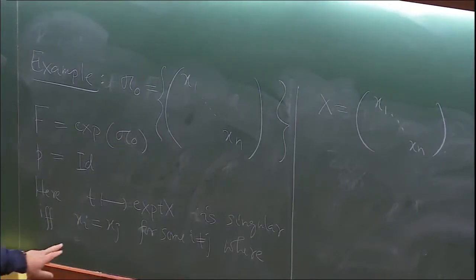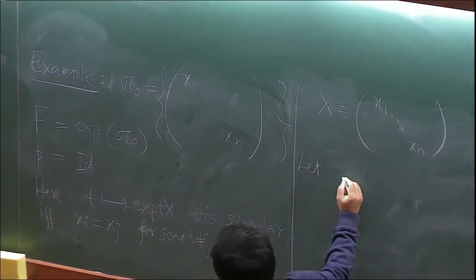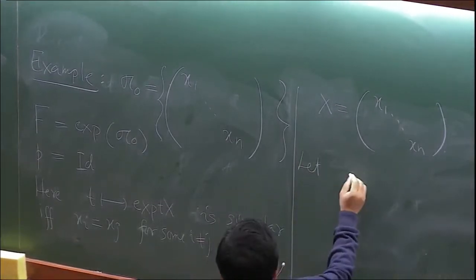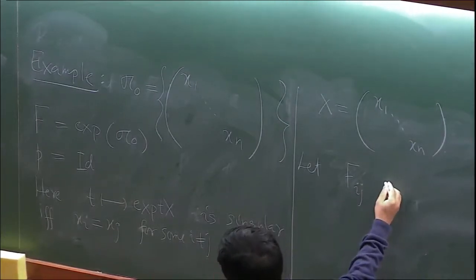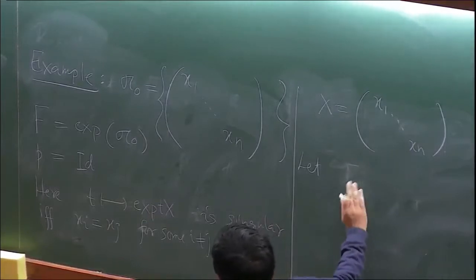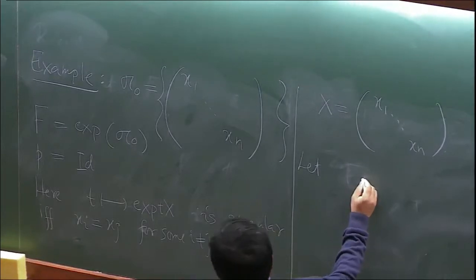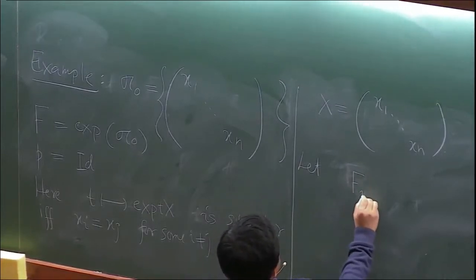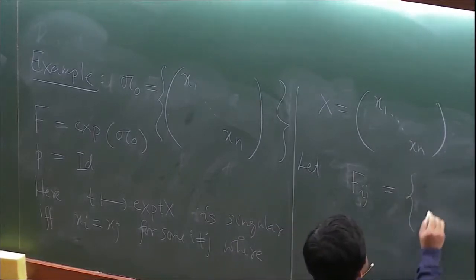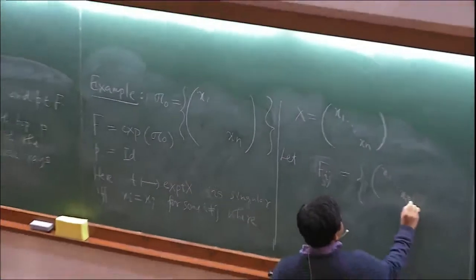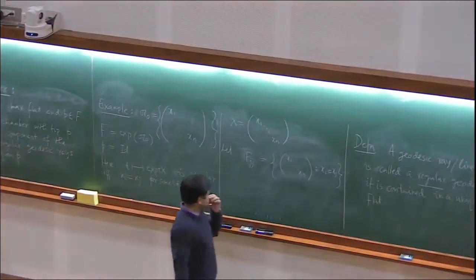So what are all the singular things? Let F_ij, this is a bad notation, sorry, be the set of all matrices x1, x2, ..., xn where xi equals xj.